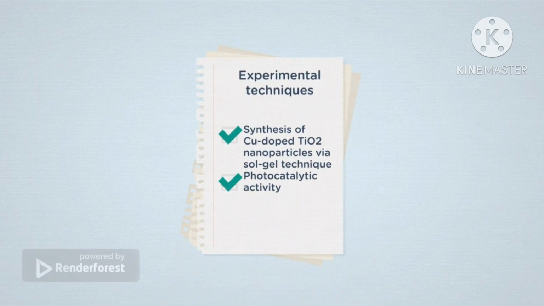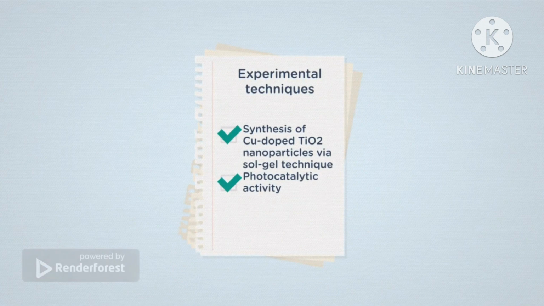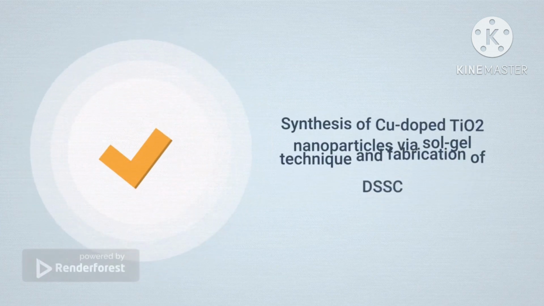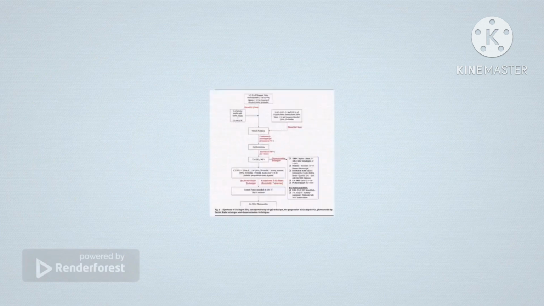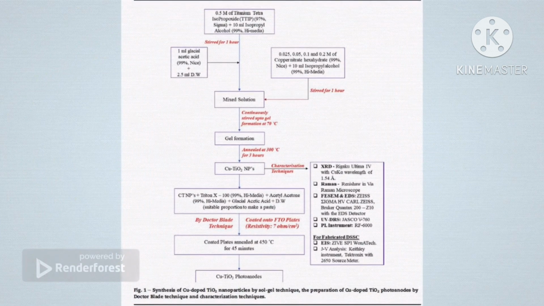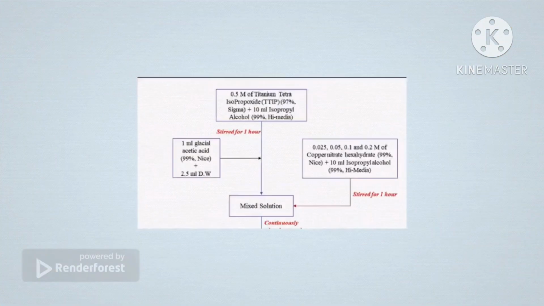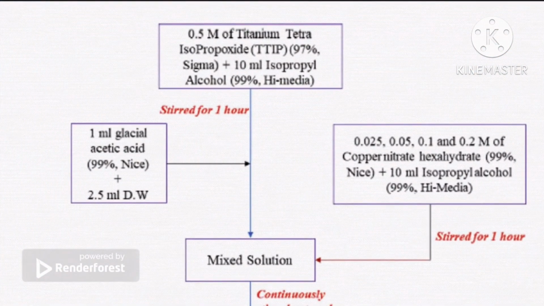The experimental techniques are divided into two parts: synthesis of copper-doped titanium dioxide nanoparticles by the sol-gel technique, and fabrication of the dye-sensitized solar cell. As we can see from figure 1, the mixture solution is prepared from two mixtures.